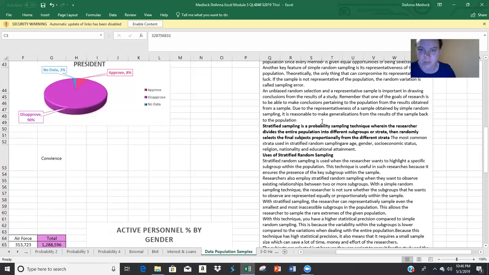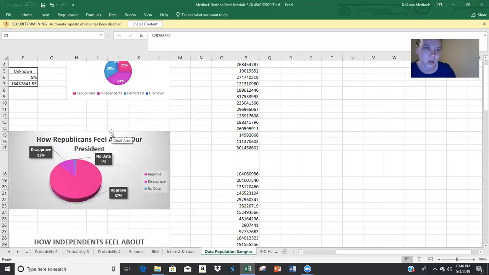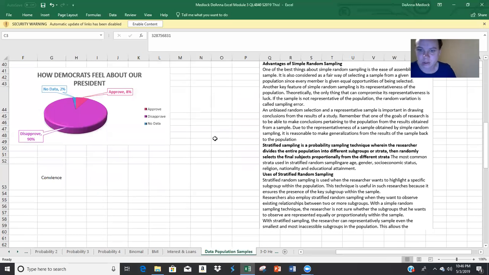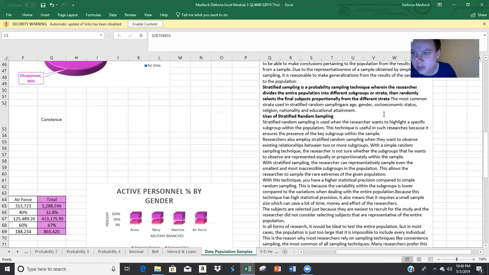So stratified sampling is a probability technique wherein the researcher divides the entire population into subgroups or strata. That's where we divided them up into the Republicans, Independents, and Democrats. The most common strata used in stratified sampling are age, gender, socioeconomic status, religion, and nationality.